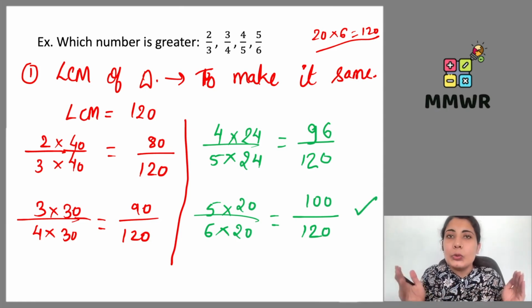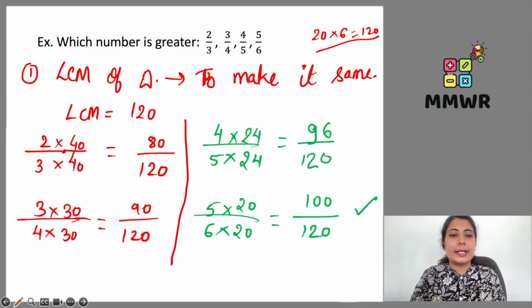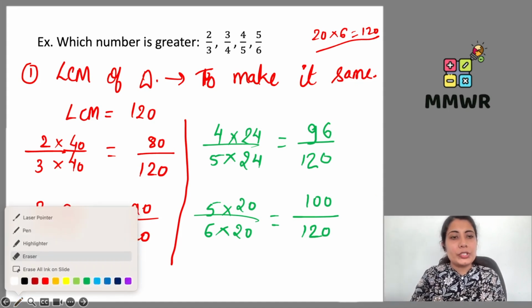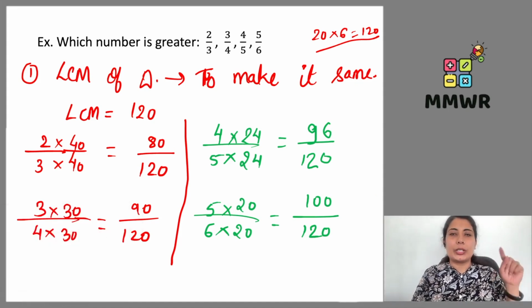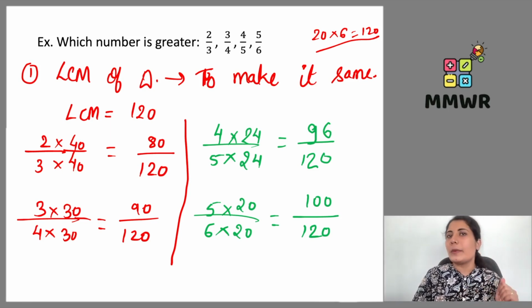So we can now easily check only the numerators, which helps us to find the bigger one or the smaller one among all. So which is the bigger one among all? Look, the first fraction, which is 2 by 3, gives us 80 upon 120 as the equivalent fraction. Then 90 upon 120, then 96 upon 120, and we have 100 upon 120.